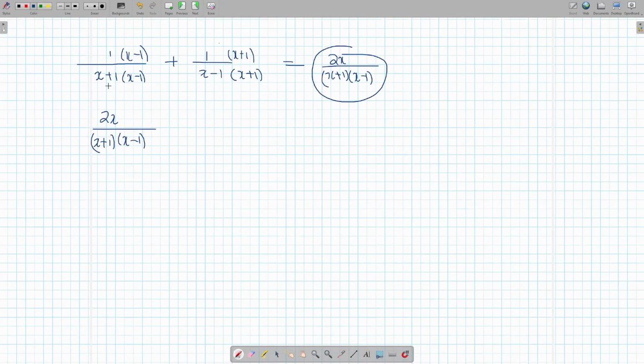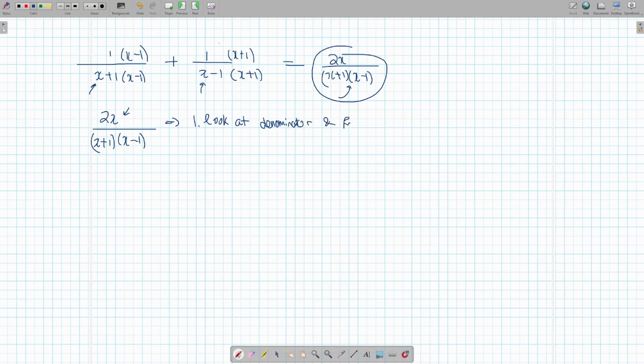Over here you had the denominator x plus 1, and over here you had the denominator x minus 1. At the full denominator, you have x plus 1 and x minus 1. So the first thing when you want to split a fraction is look at your denominator.